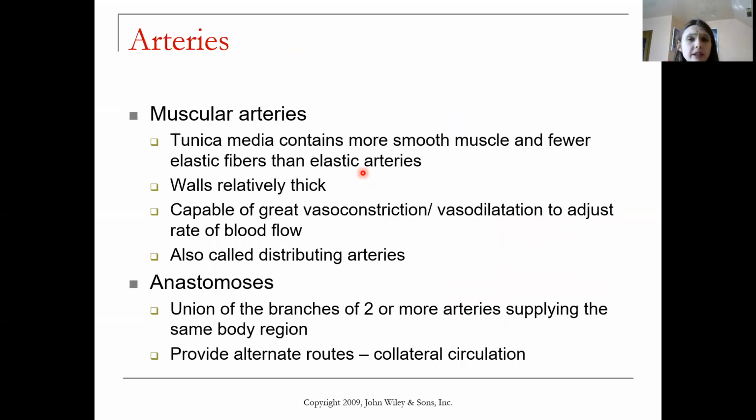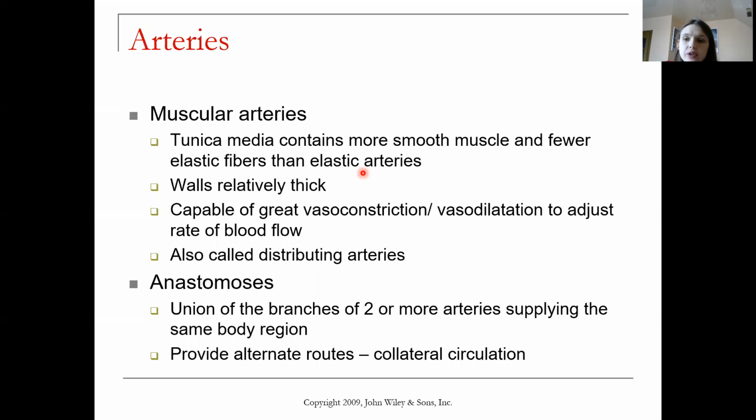Now let us see how blood flows from the aorta to the medium-sized arteries, which have a very developed muscle layer, but at the same time have fewer elastic fibers in comparison with the aorta. Their walls are relatively thick.